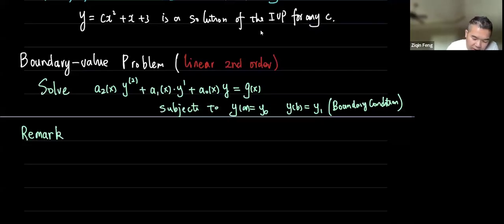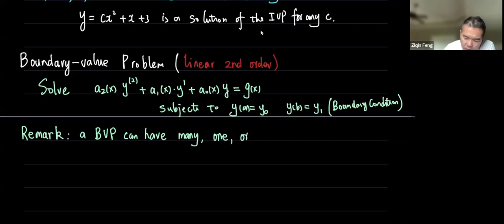The remark here is a boundary value problem can have many or one or no solutions, right? Many solutions or one solution or unique. Everything is possible for a boundary value problem.